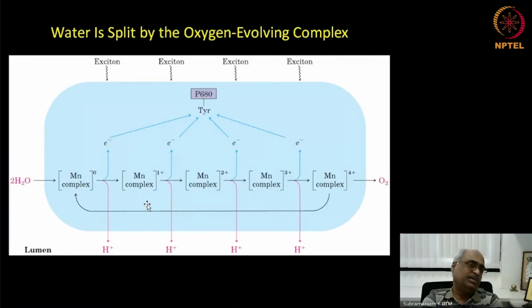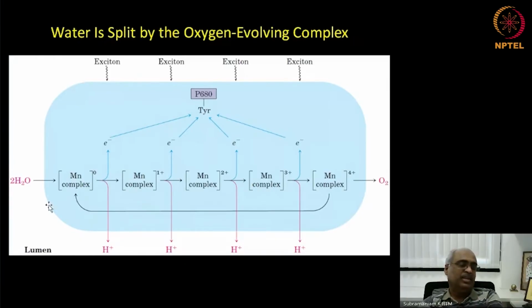If you remember the cartoon that we saw in the last class or the class before, that green vertical rectangle like things, when an exciton energy is transferred, like 1 photon equivalent is transferred, 1 electron is donated by the reaction center, creating the electron hole there. And that's how the charge separation happens. So it loses only 1 electron at a time, and from the electron donor it takes only 1 electron at a time.